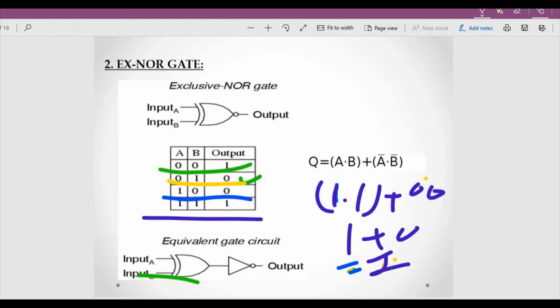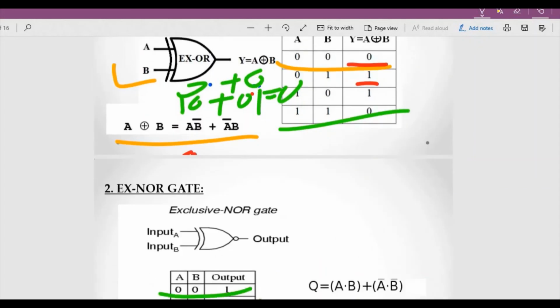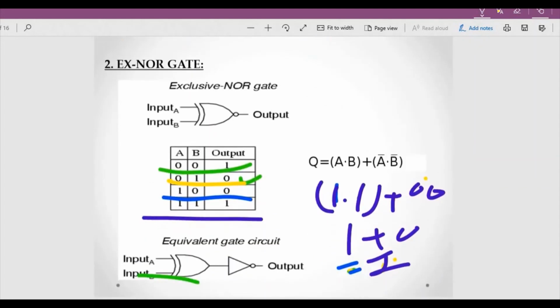Okay, so we can conclude that in a two-input exclusive OR gate, if both the inputs are the same, you are getting output 0, and if one of them is different from the other, you are getting output 1. In the exclusive NOR gate, if both the inputs are the same, then you are getting output 1, and if either of them is different from the other, you are getting output 0.